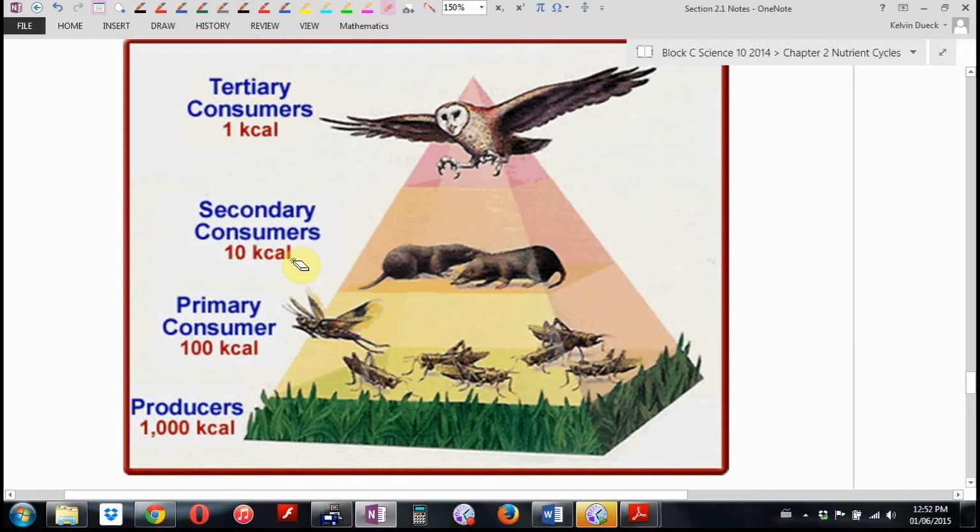And then for the next level, only 10 kilocalories for the mice. And then for the owl, there's only 1 kilocalorie of energy available. You're not going to support very many owls. You've probably noticed that in ecosystems, if you watch nature shows, there's always a bigger number of prey than there is of predators. And this is why. This is not an efficient system, but it works. I've said it before, the great circle of life, Simba, the great circle of life.